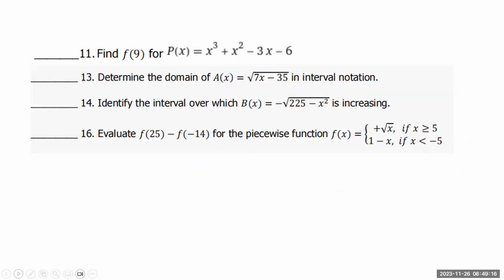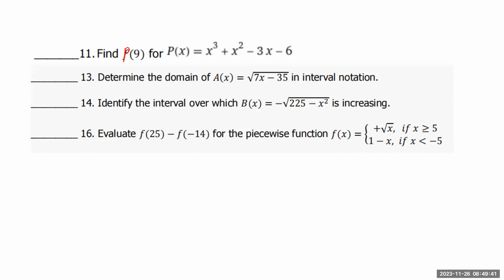For the short response questions, there are 5 questions given. You do not need to show your solution, so just write your correct final answer. So let's say for number 11, find f of 9. This should be p of 9, for p of x equals x cubed plus x squared minus 3x minus 6.